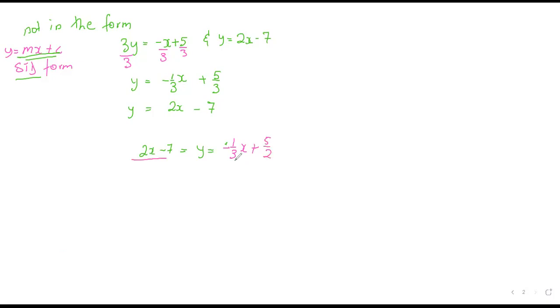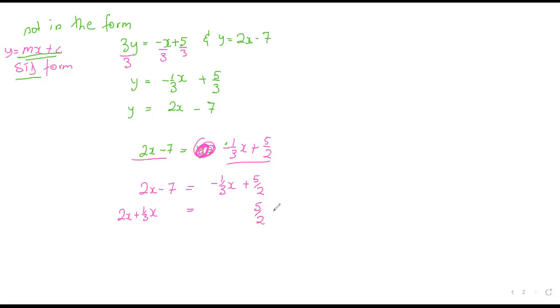So this is equal to that because they are both equal to the y there. So you can write that as 2x minus 7 is equal to -1/3x plus 5 over 2. Transposing this side will be 2x plus 1/3 x is equal to 5 over 2.